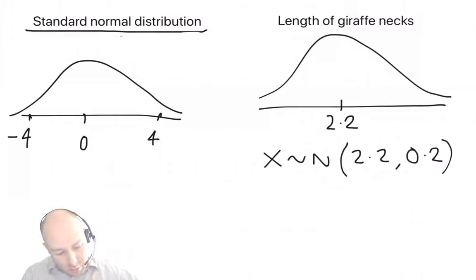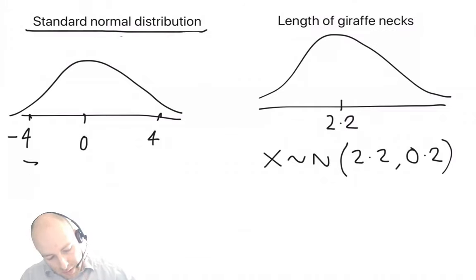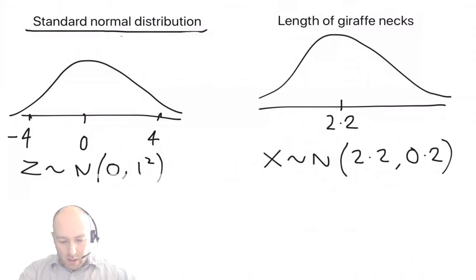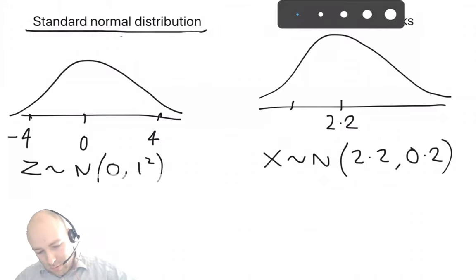So in order to do these calculations, we need to turn the giraffe calculations into the classic normal distribution calculations. So I can put 0.2 in here as well. That's going to be 2 if you take away 0.2, and that'll be 2.4.